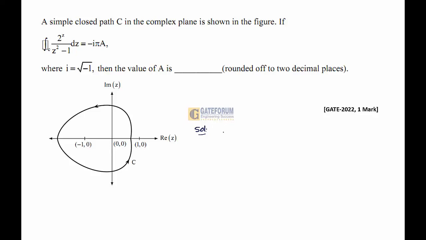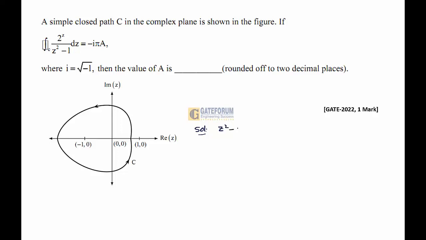Here C is the closed curve containing the singular point given, minus 1, 0. That is already indicated. Now find the singular points.